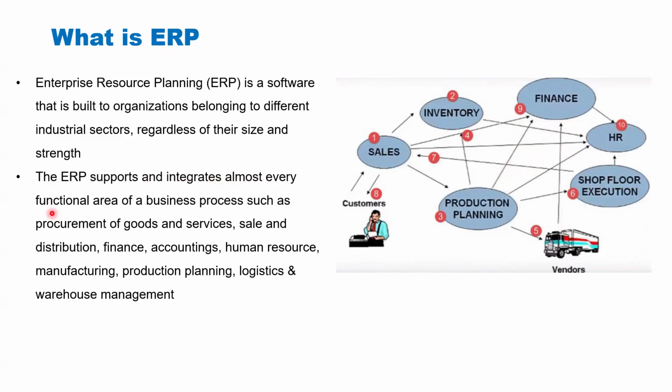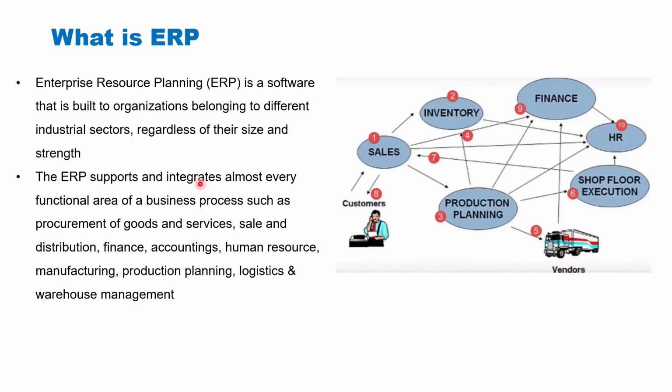It supports and integrates almost every functional area of the business process, such as procurement, sales, distribution, finance, accounting, human resources, manufacturing, and so on, right? There's even more than this that an enterprise resource planning tool can do.